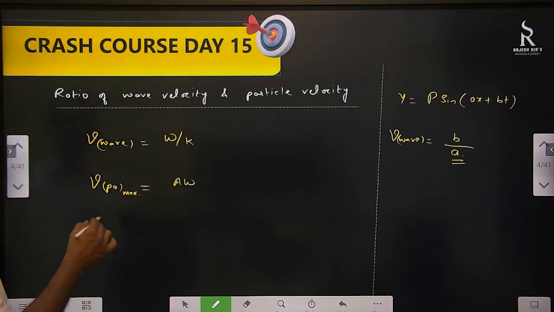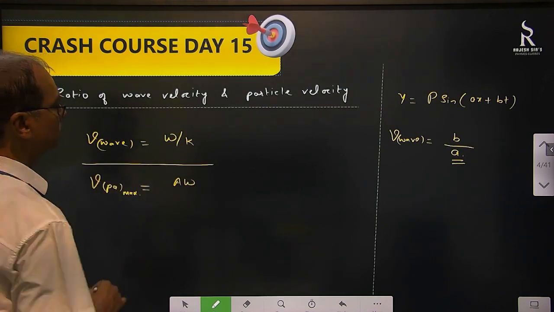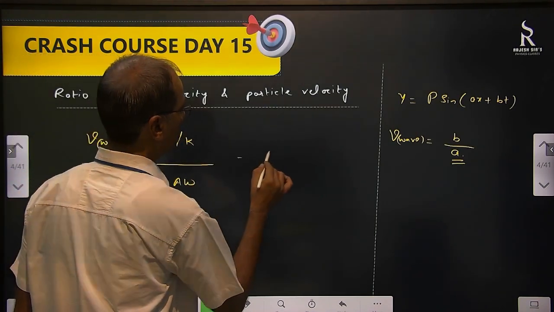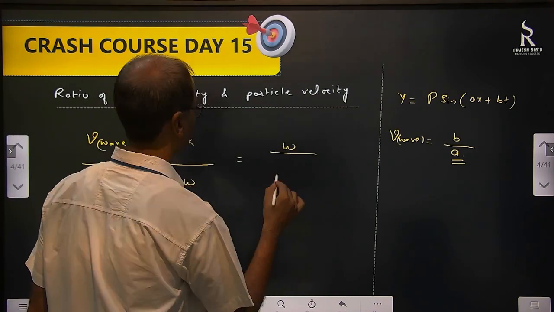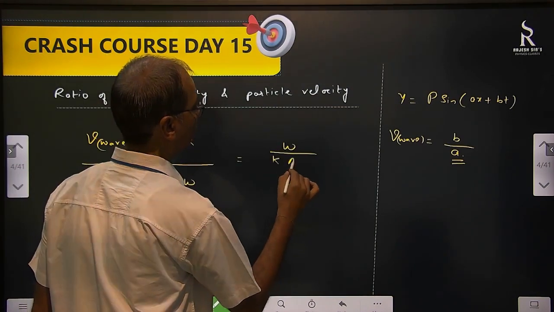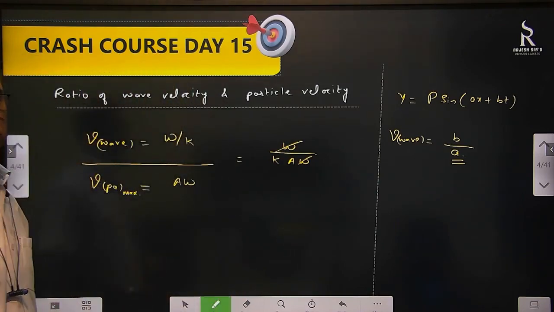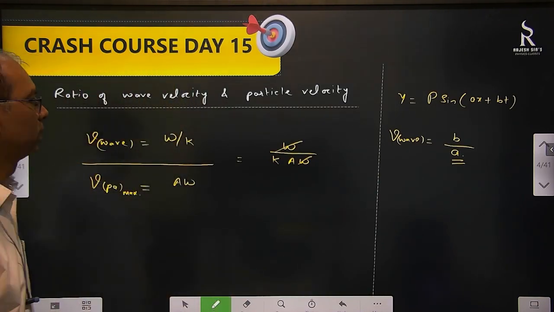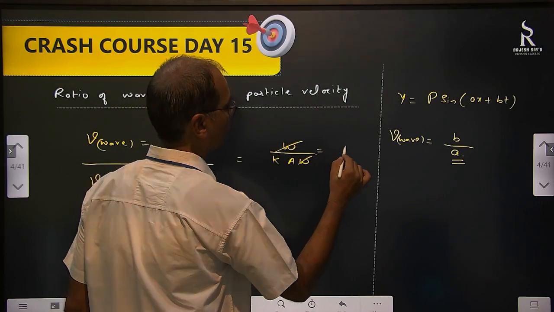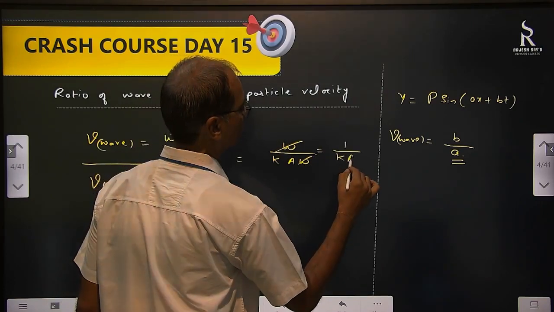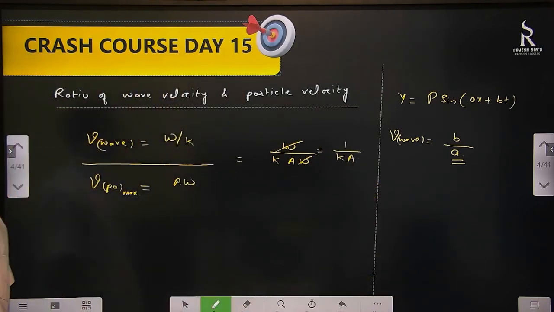So then we want the ratio. What's going to come? ω by k to aω. ω gets cancelled. What are we getting? 1 by ka. Right? Correctly I have done?